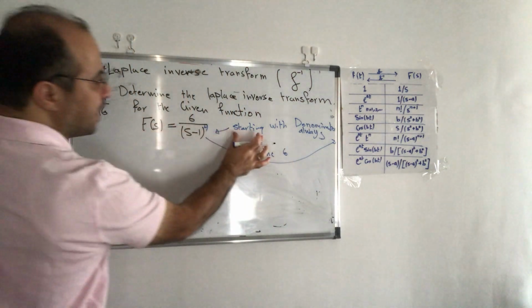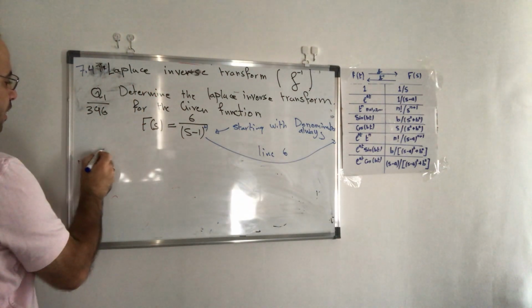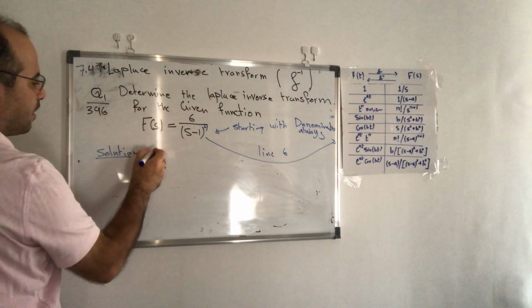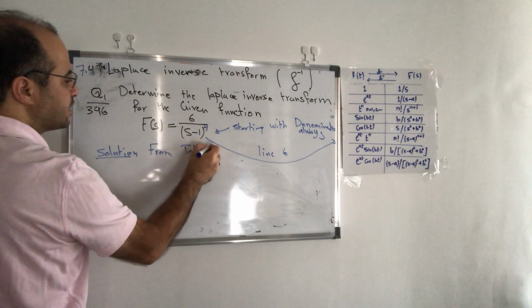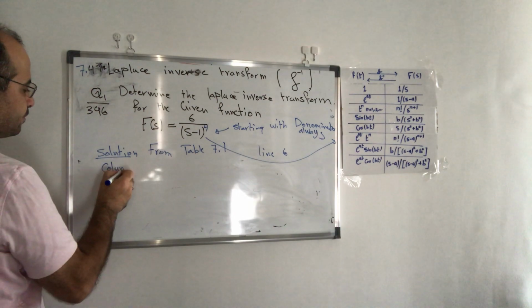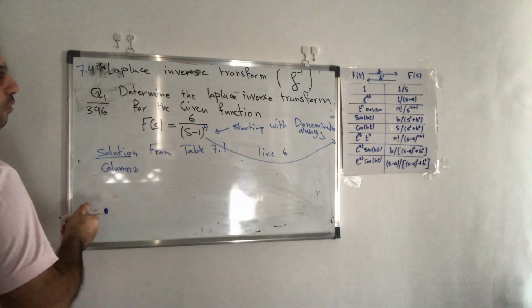Now comparing, as I said, always start with the denominator. So from table 7.1, column 2, you start with column 2 and you go back to column 1.